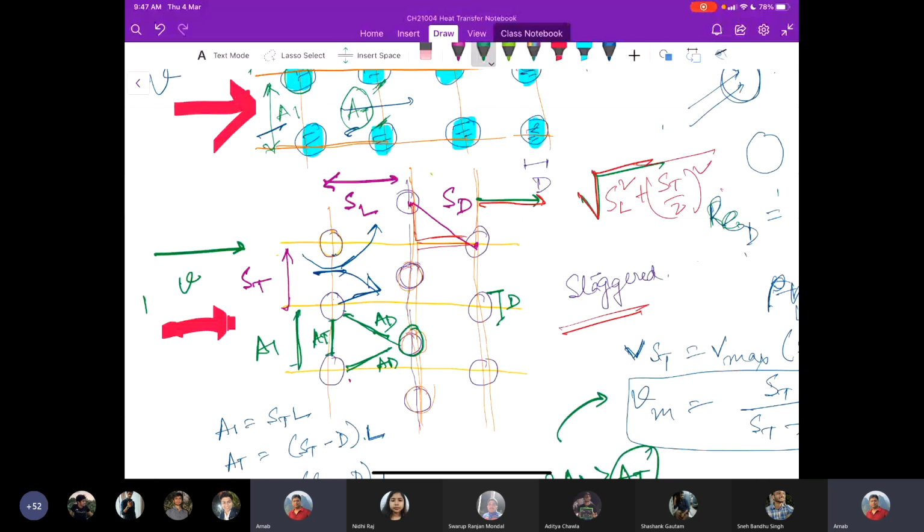It may have a temperature T inlet, and when it goes out of this whole arrangement, it has a temperature T exit. It is not the fluid that is flowing inside these tubes.